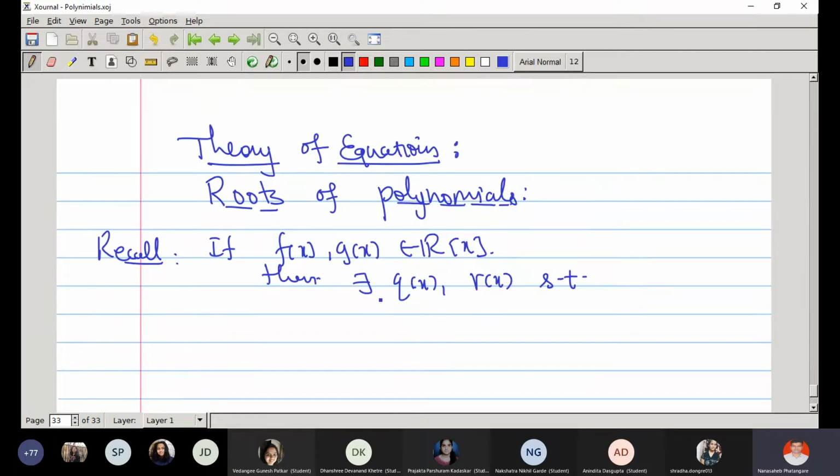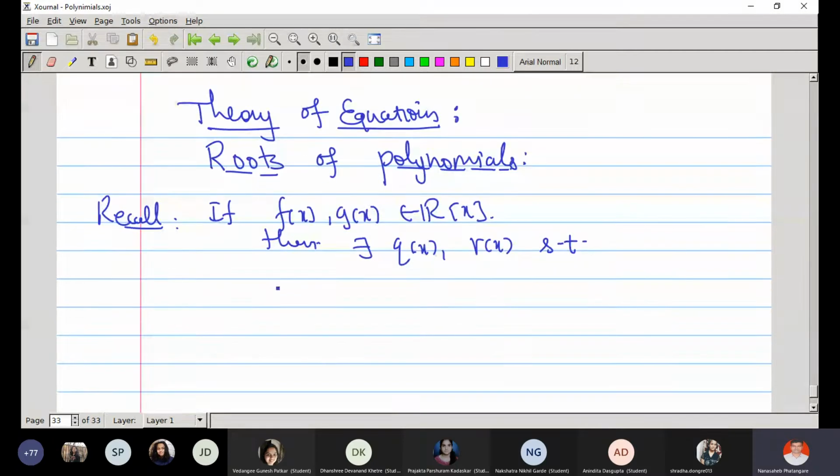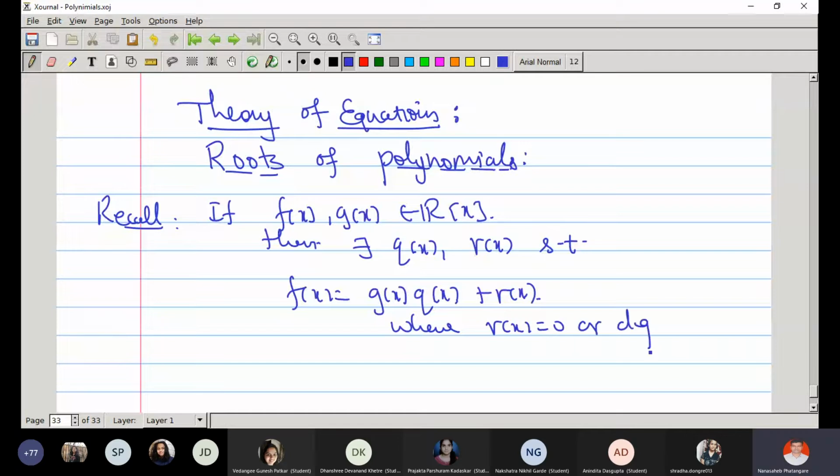So rx is a remainder, right? Where rx is 0 or degree of rx is strictly less than degree of gx, right?